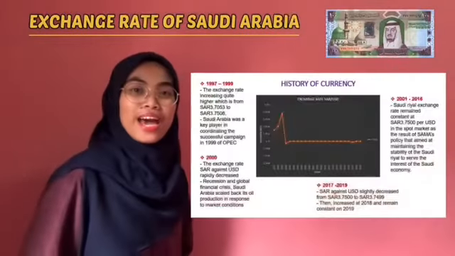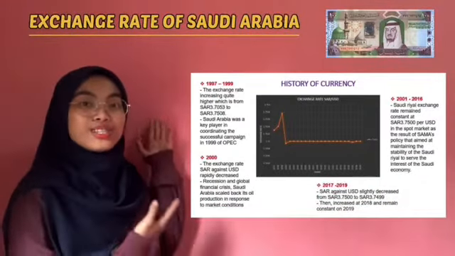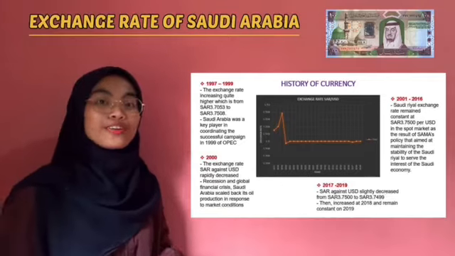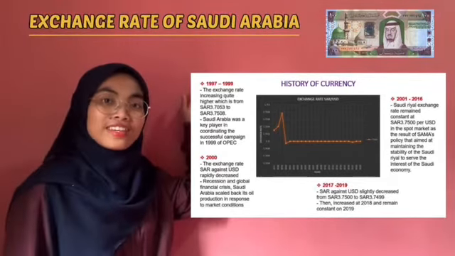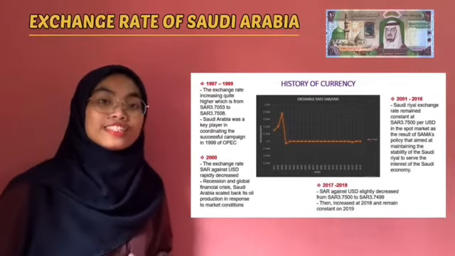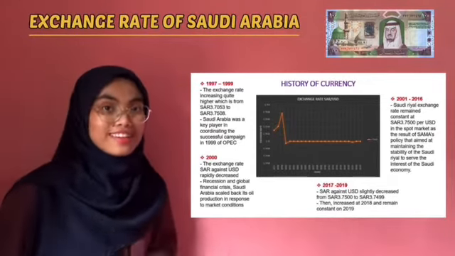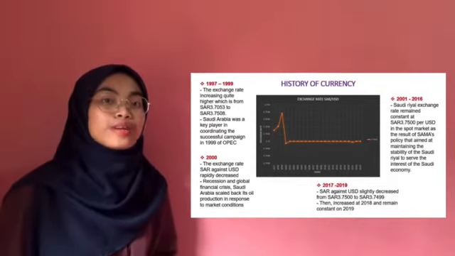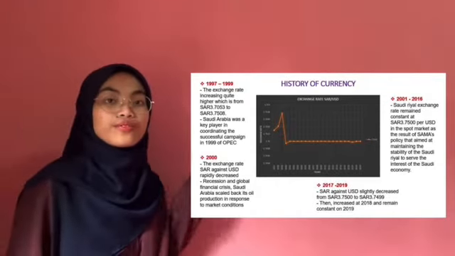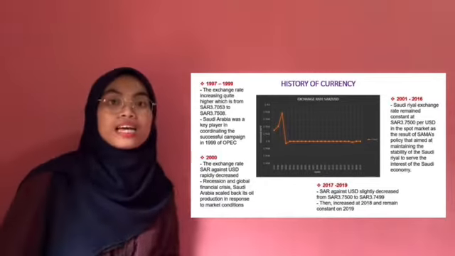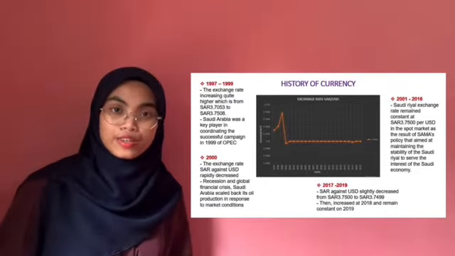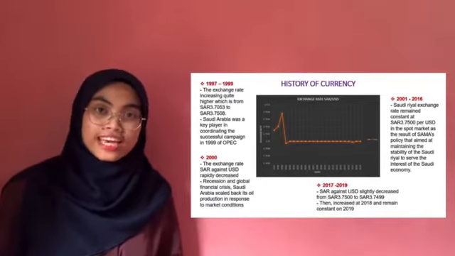Okay, next, behind me is the graph showing the exchange rate of the Saudi Riyal against the US dollar. From 1997 until 1999, the exchange rate increased quite high, from 3.7053 to 3.7508 Saudi Riyal. Saudi Arabia was a key player in coordinating the successful OPEC campaign in 1999.